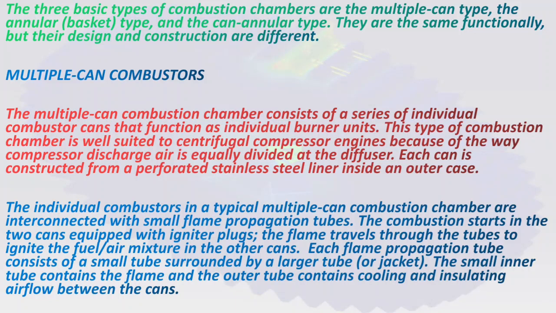Each flame tube consists of a small tube surrounded by a larger tube or jacket. The small inner tube contains the flame, and the outer tube contains the cooling and insulating airflow between the cans. A typical multiple can combustion section includes 8 to 10 cans.